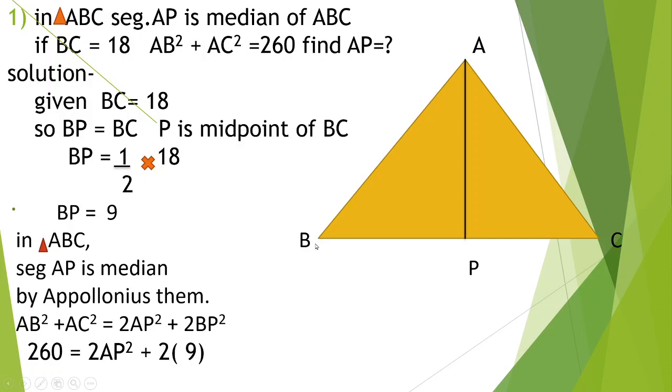But in the question, BC is given. You need the value of BP. So, BC is equal to 18, but P is a midpoint of BC, therefore BP is equal to CP.